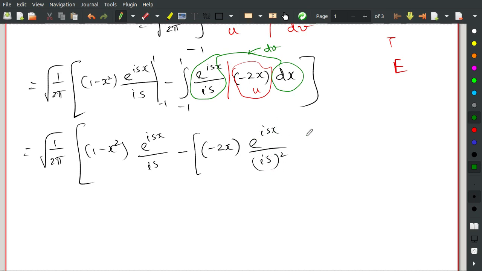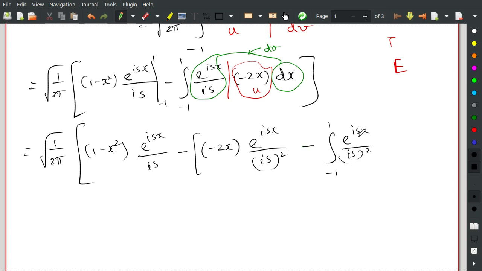And our integral v du is minus integral from -1 to 1 of v du. What is v? Our v is e power isx divided by is the whole square.